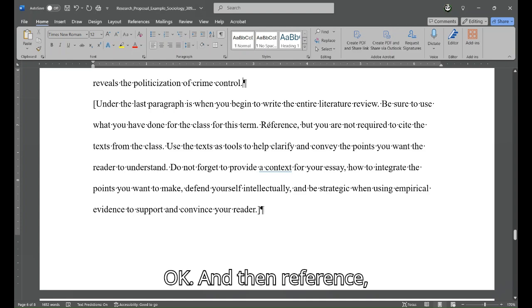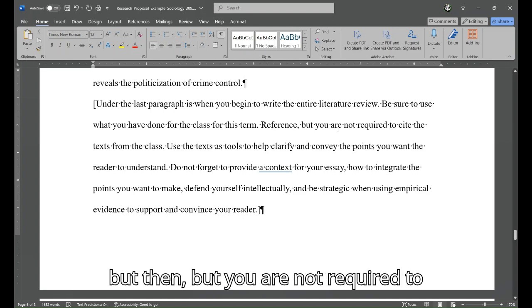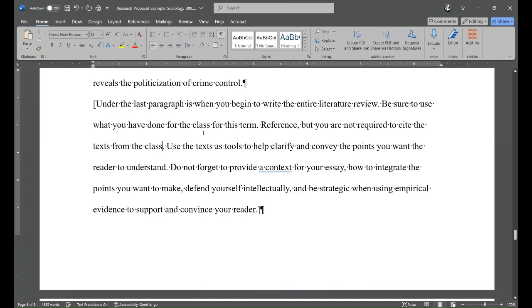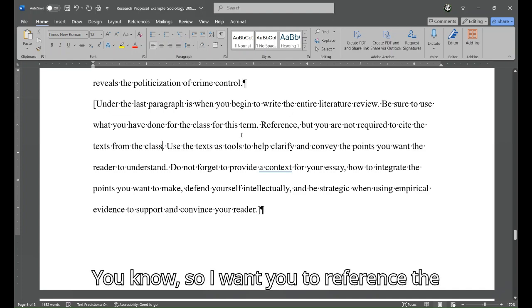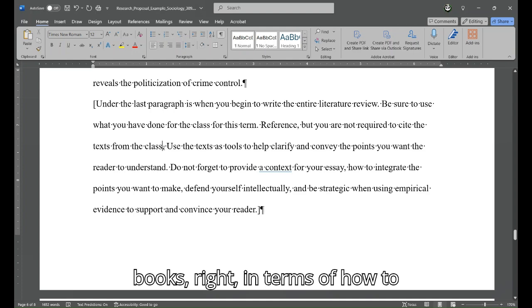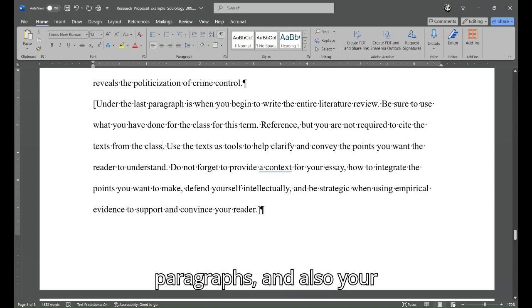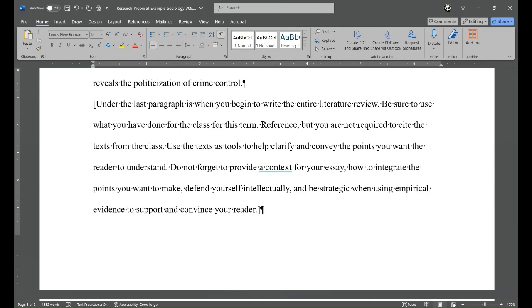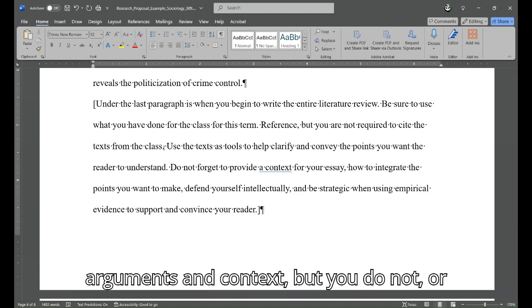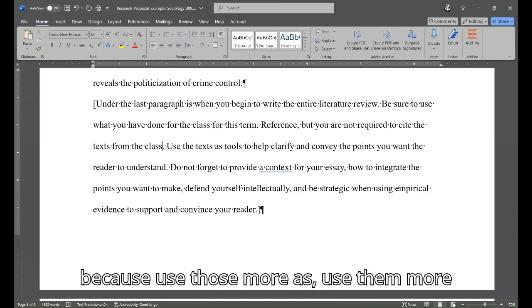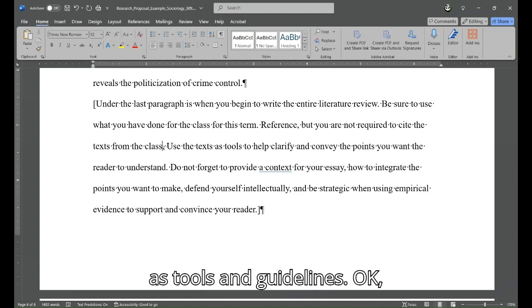And then reference, but you are not required to cite text from the class, right? So I want you to reference the books in terms of how to structure your sentences, your paragraphs, and also your arguments and context, but you're not required to cite them, because you use them more as tools and guidelines.